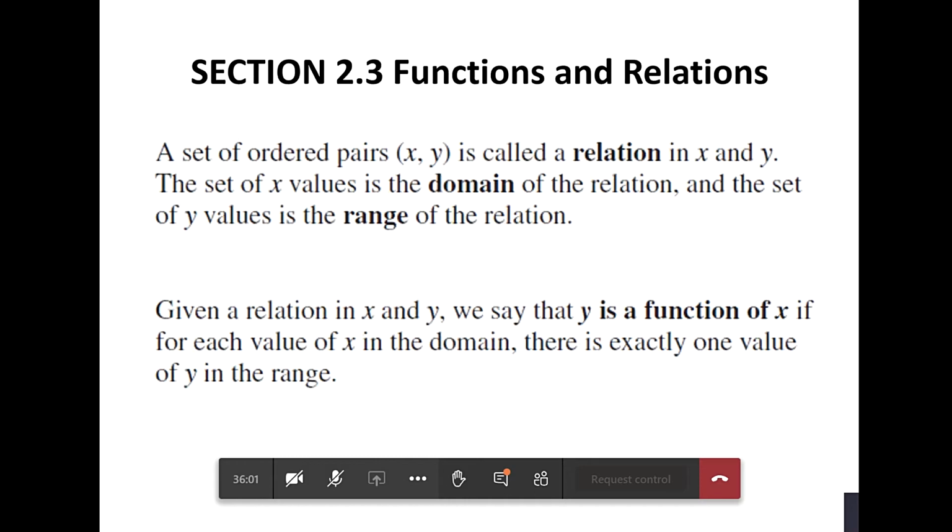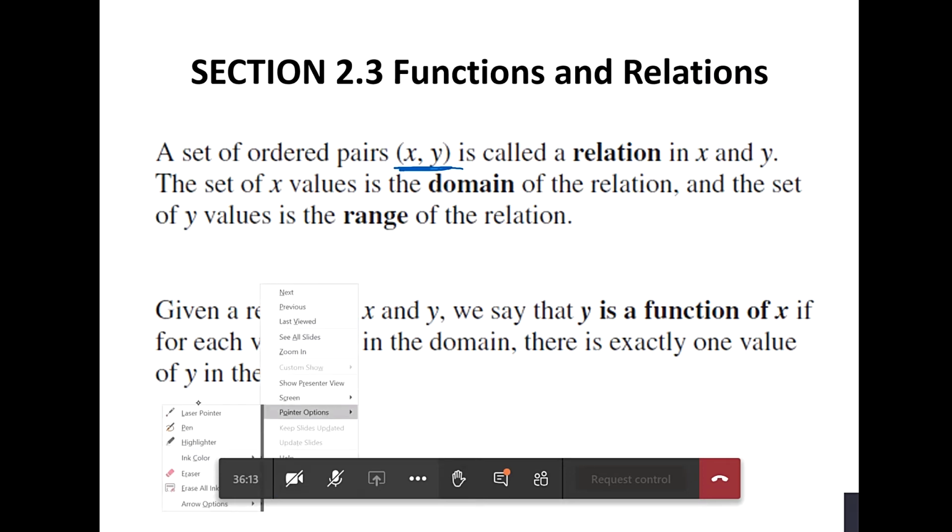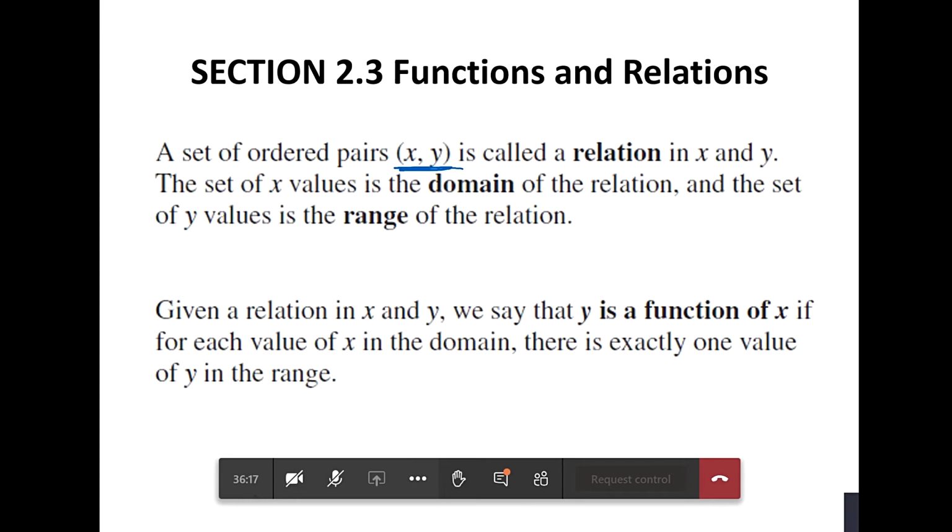Okay, now the function and the relation. The ordered pairs for x and y are called the relation between x and y. And the set, this is the relation. For example, if we have this set and this set, this is x in relation with y.